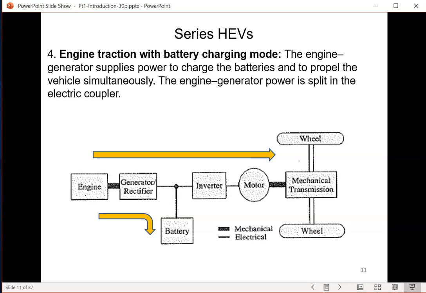So we try to run the engine at a fairly constant condition. But the demand to drive the vehicle can differ depending on the circumstances. So in this case, the engine produces enough power to keep the vehicle going, but is also able to charge the battery.